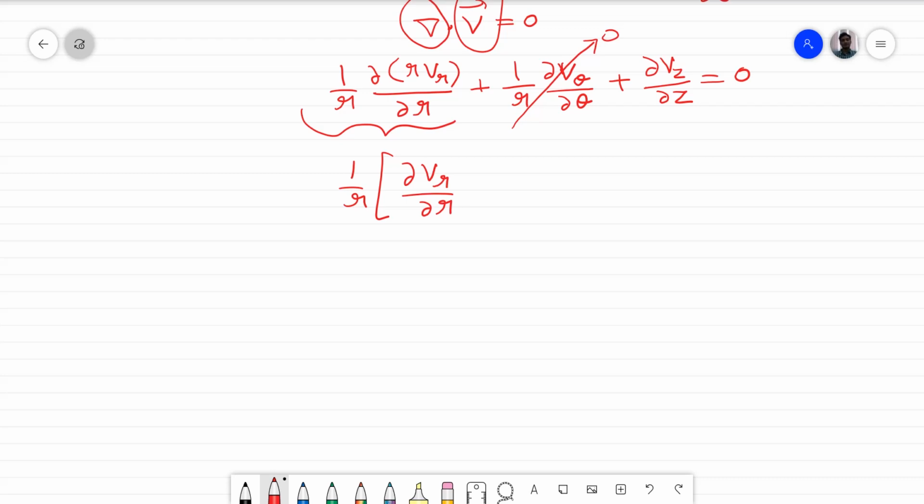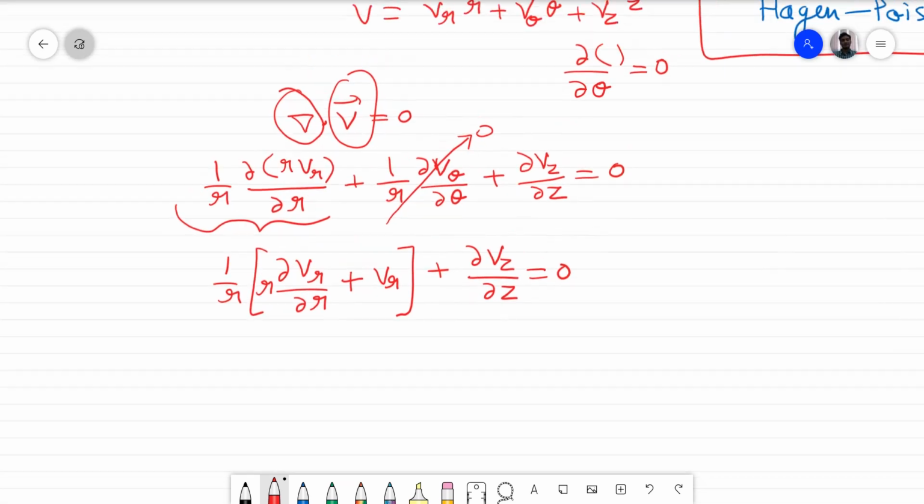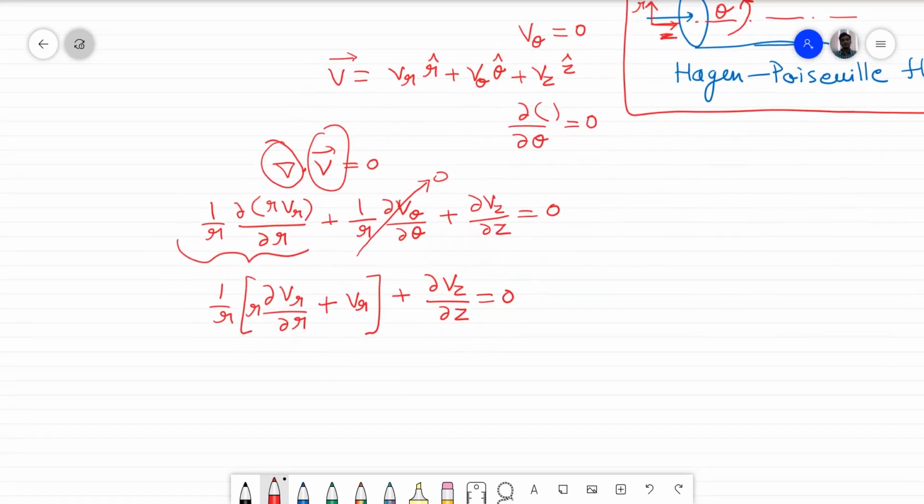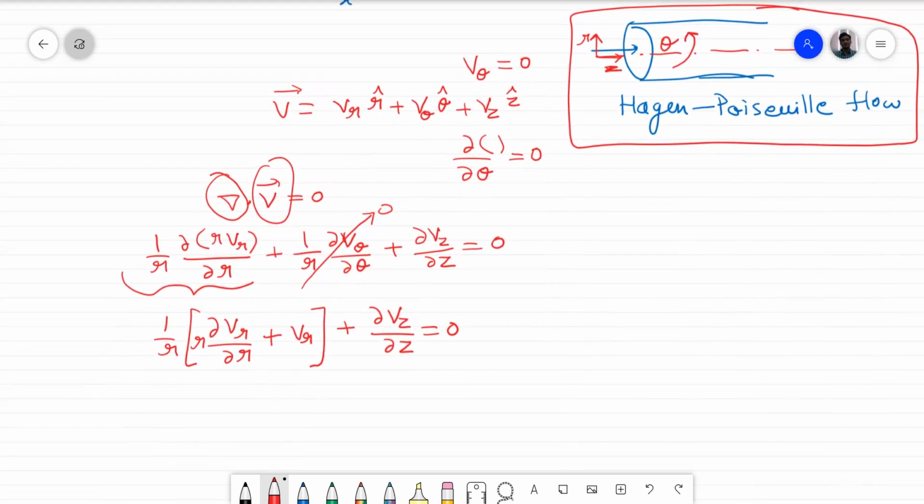When we differentiate the product, we keep the other term outside, plus we can take Vr outside and differentiate r, which will give us 1, plus dou Vz by dou z equal to 0. Now let us see if we can derive something from this continuity equation here.